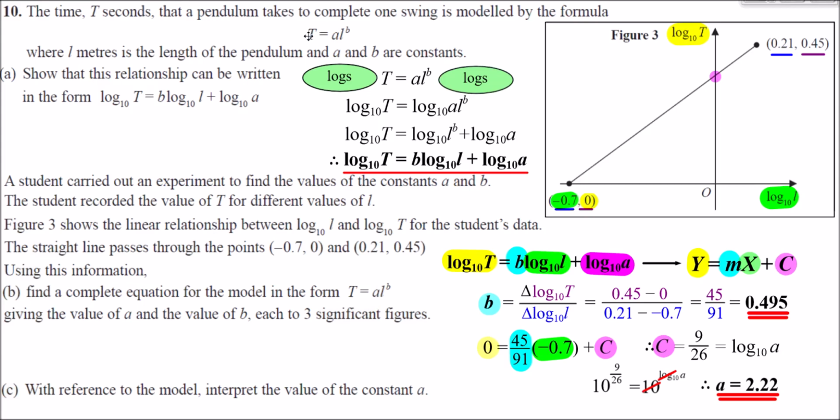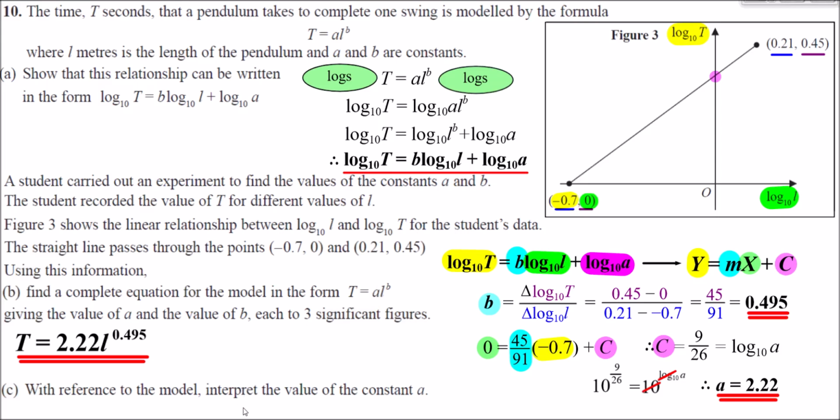So using this model here, t equals A L to the power B, this now becomes the following. We've got t equals 2.22 multiplied by L to the power 0.495, because you know that B is 0.495 and A is 2.22.